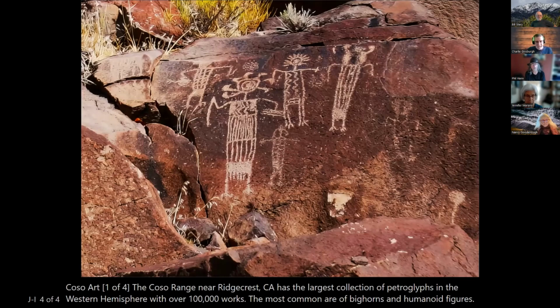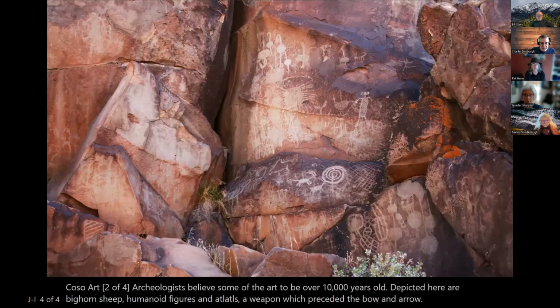Coso Art, 1 of 4. Coso Range near Ridgecrest, California has the largest collection of petroglyphs in the Western Hemisphere, with over 100,000 works. The most common are of bighorns and humanoid figures. 2 of 4. Archaeologists believe some of the art to be over 10,000 years old.